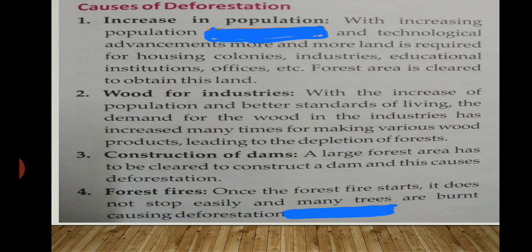These are its causes. And the main cause is increase in population. With increasing population and technological advancement, more and more land is required for housing colonies, industries, educational institutions, offices, etc. And for this, forest area is cleared to obtain this land.